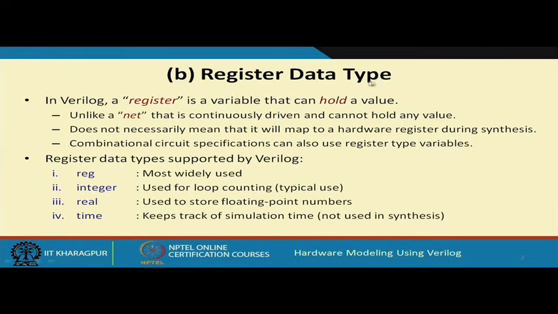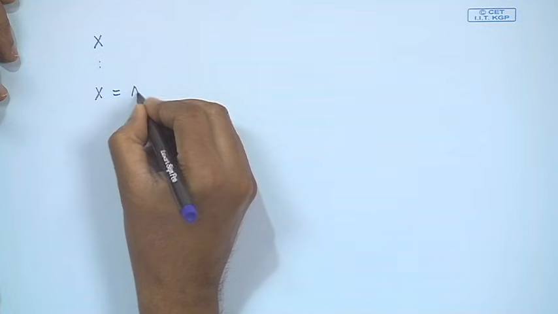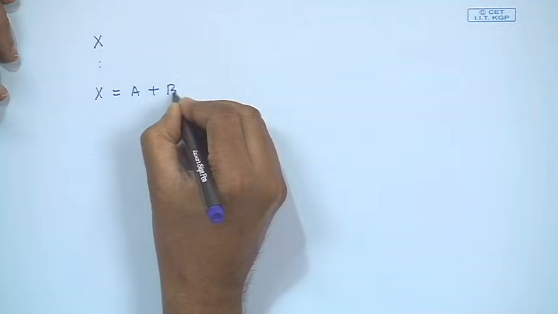Now, register data type, by its very semantic, it means that it is a variable which can hold a value. Like, suppose I have defined a register x, then I can write a statement like x equal to a plus b.